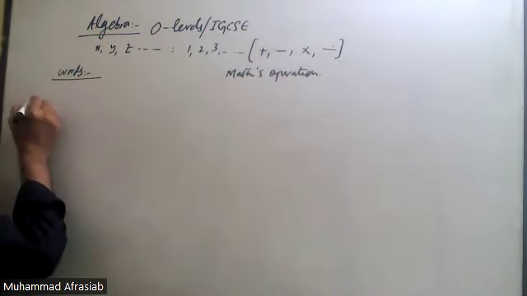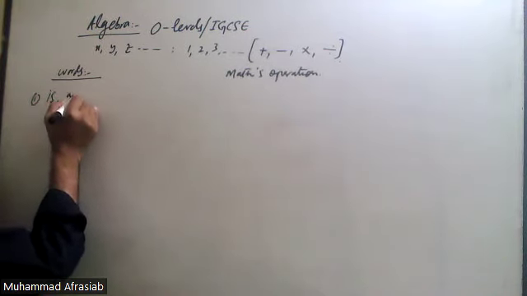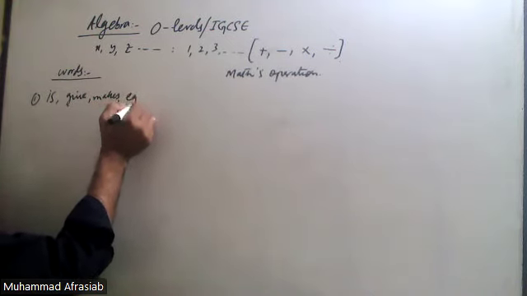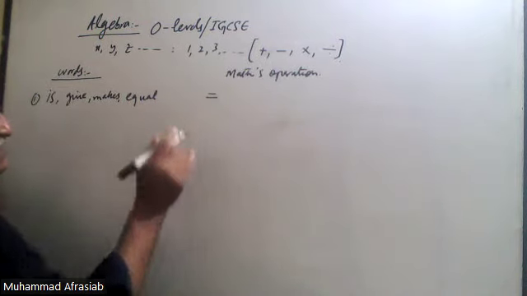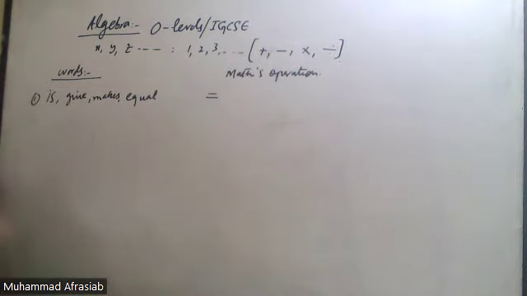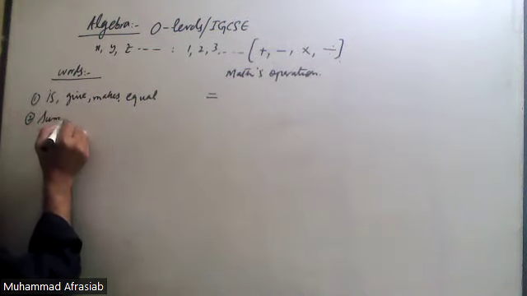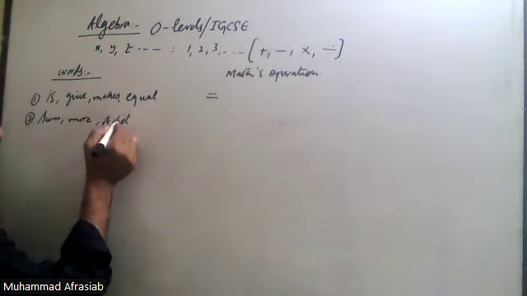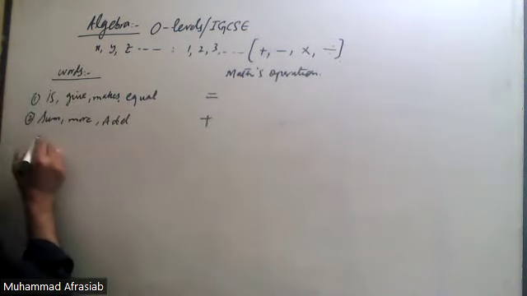Suppose there is a word whose meaning is gives, makes, equal, then we write the mathematical operation as the equal to sign. Then there is a word known as sum, more, add. For this we use the plus sign.